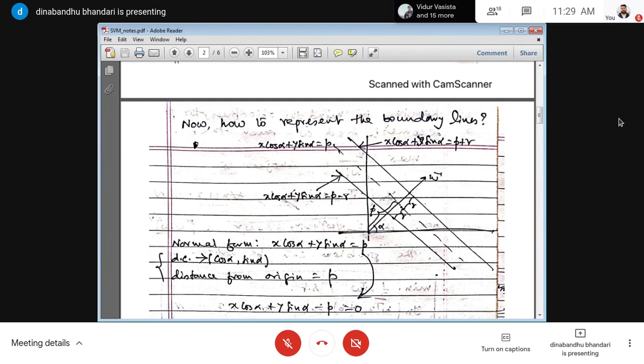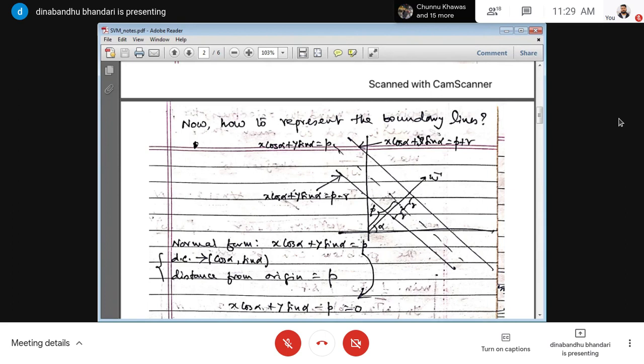And the same line is represented as Ax plus By plus C equal to 0. Then we know A by root over A square plus B square, B by root over A square plus B square is the unit vector in this direction. And AB is a vector in this direction, and its magnitude is root over A square plus B square. We know that. So it is clear now, I guess.